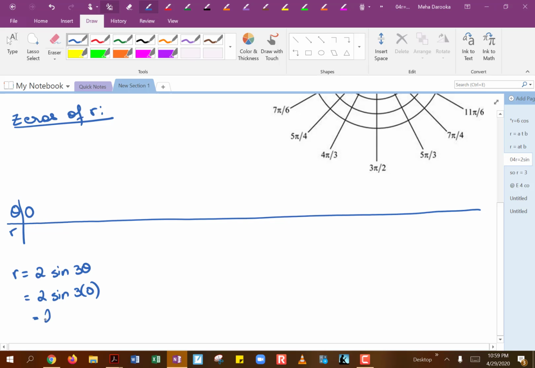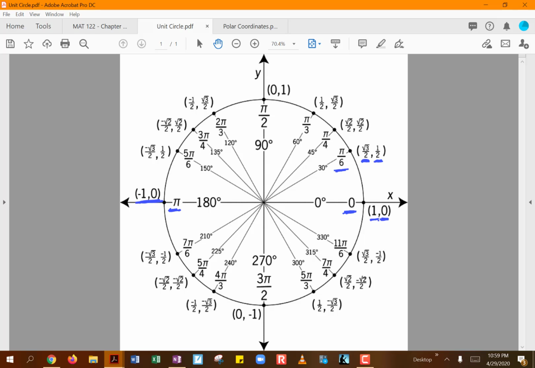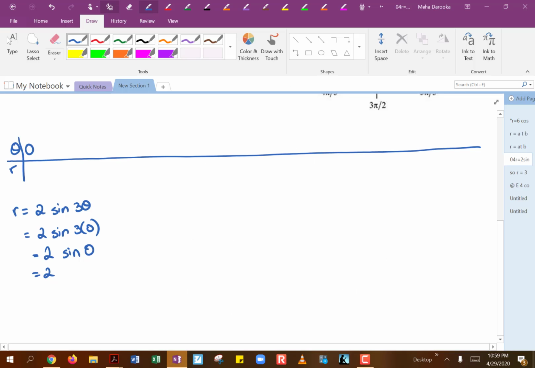So if our angle is 0, 3 times 0 will of course become 0. And again, you should remember sine of 0 is 0. So 2 times 0 will end up giving you 0.